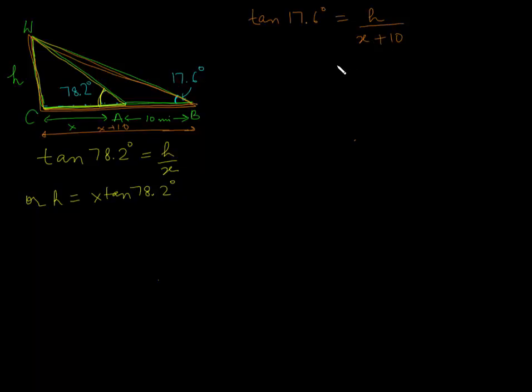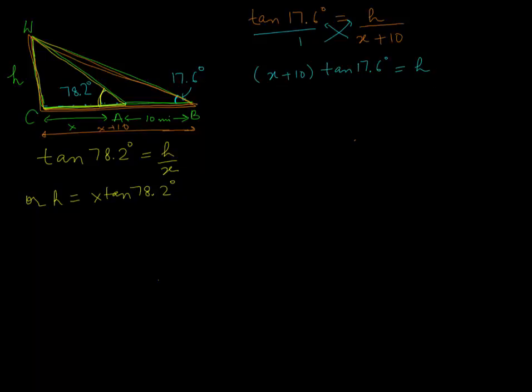Now if I put tan 17.6 over 1 and cross multiply, and I put it over 1 just to show the cross multiplication, but you don't have to if you're comfortable doing it without it. So after cross multiplication you get X plus 10 tan 17.6 equals 1 times H is H.